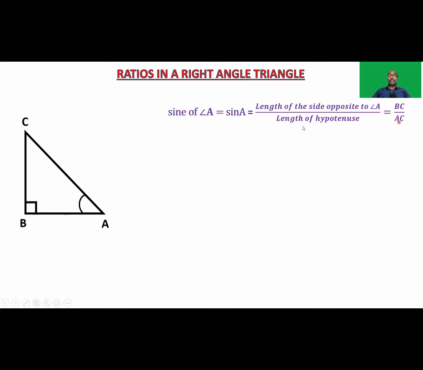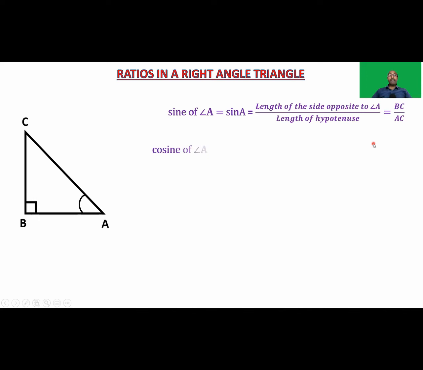So in this triangle, sin A is equal to BC by AC.